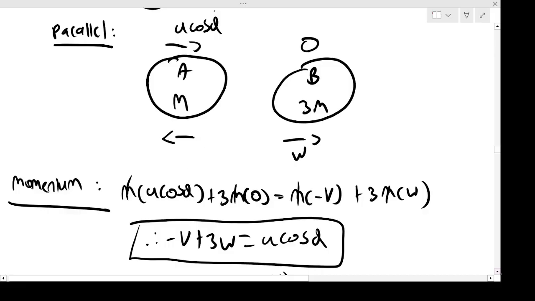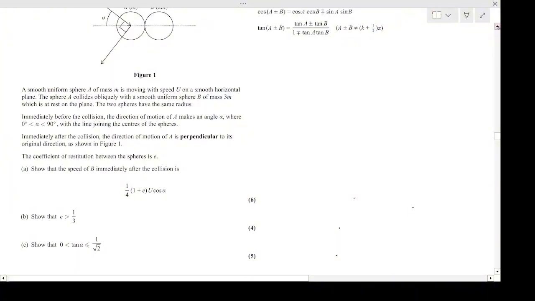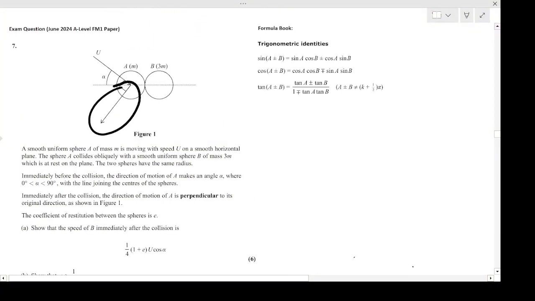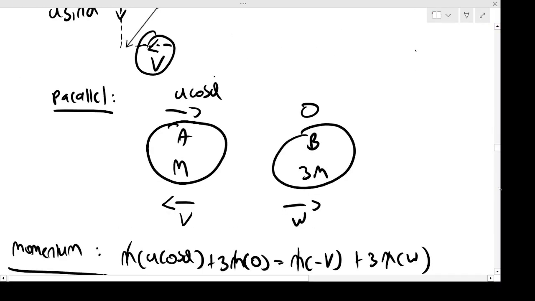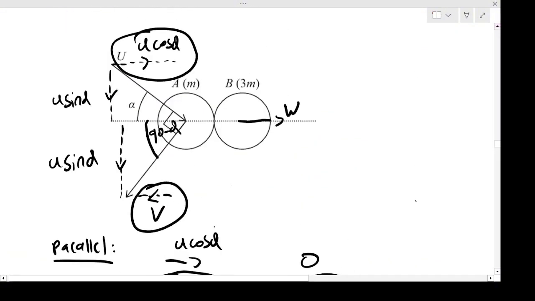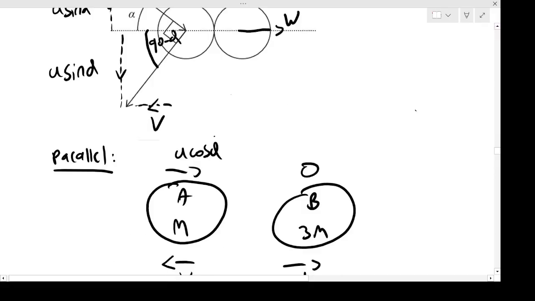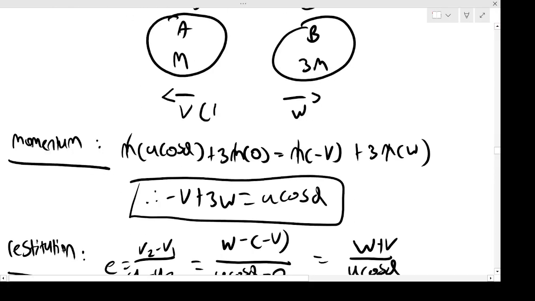So if I'm saying V is going backwards to the left, well, actually, if I look at what they've given me, it has to move to the left. I'm told where the trajectory is. I'm told where it's going to move afterwards. The particle has to move to the left. It can't move to the right. That's not what I'm told. I'm told for definite it has to move to the left because I'm just given the diagram, right? So that has to mean V must be positive because I do not want to flip the direction.